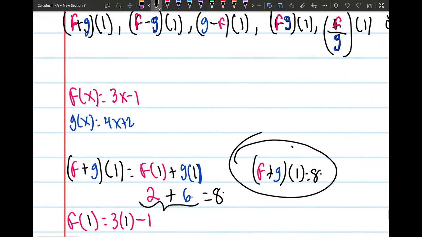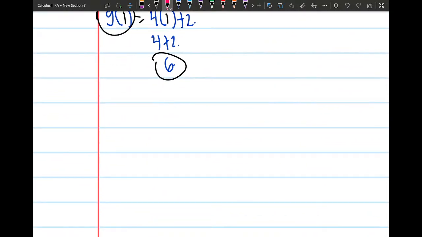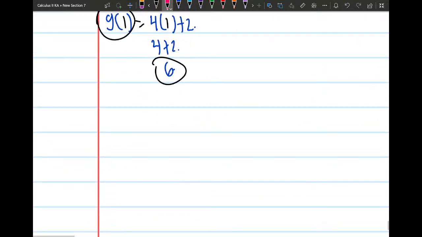And now let's do f minus g of 1. Again, we don't have to keep going with the same, we know what f of 1 is, so basically we're going to do f minus g of 1.